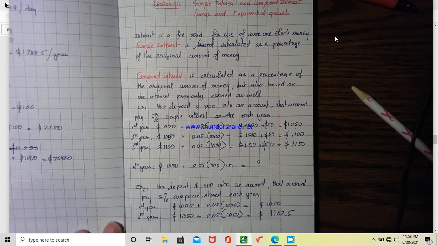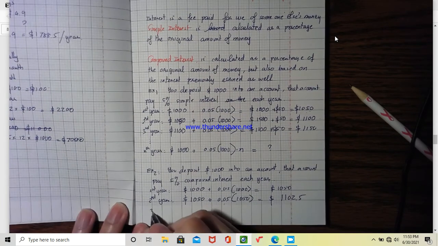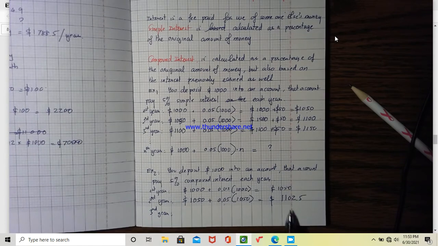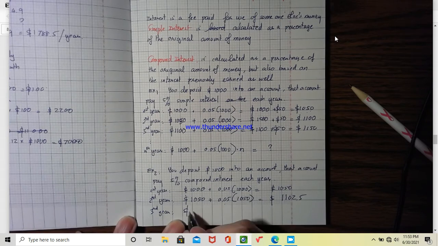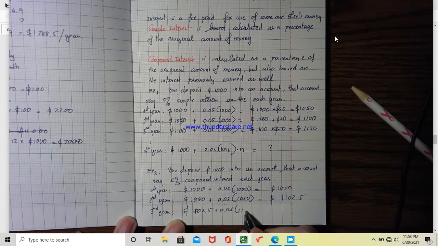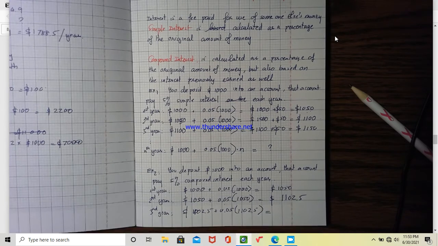And for the third year, it's going to be 5% of the new amount. It means this will be 5% of the second year. So the new amount of money you have in your account after 3 years will be 1,102.5 plus 5% of 1,102.5.